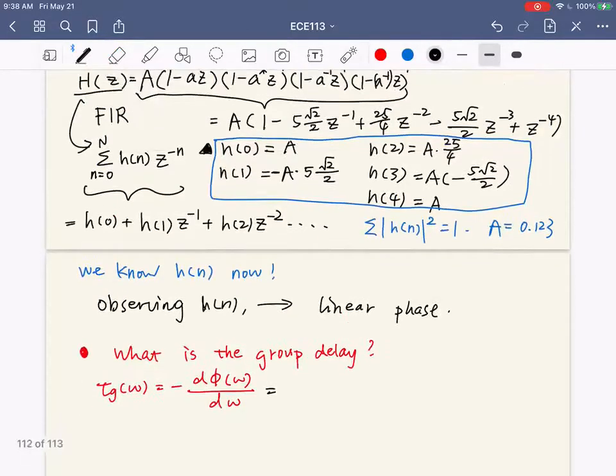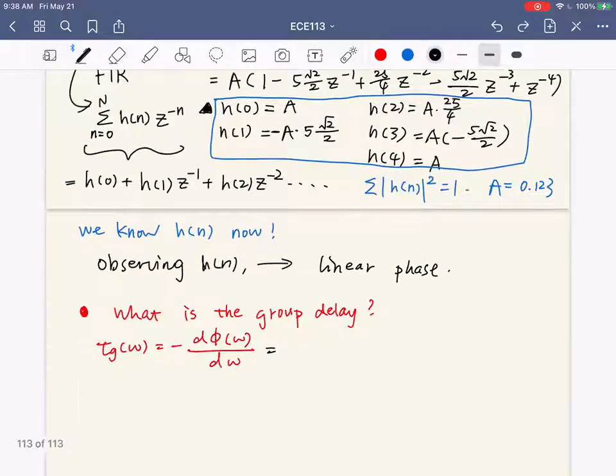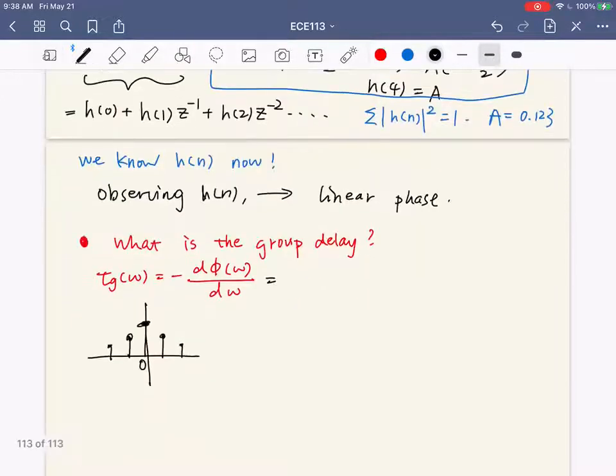So let's observe this sequence. We'll notice that for a filter without phase delay, it should be symmetric over the origin, right? Like this. But now it is not 0 here.